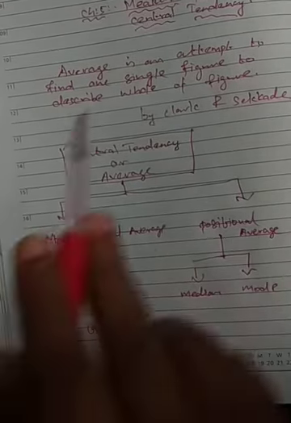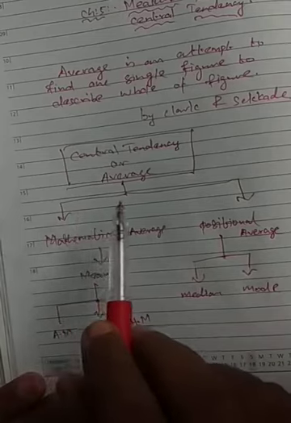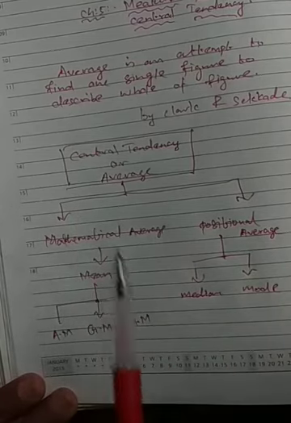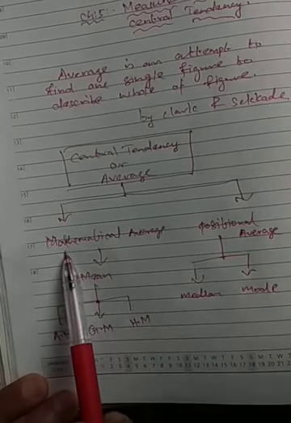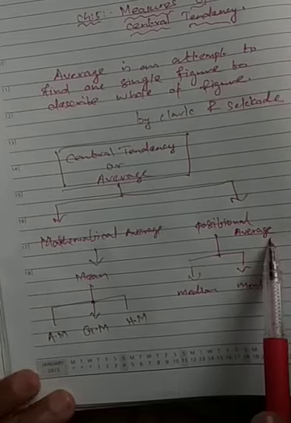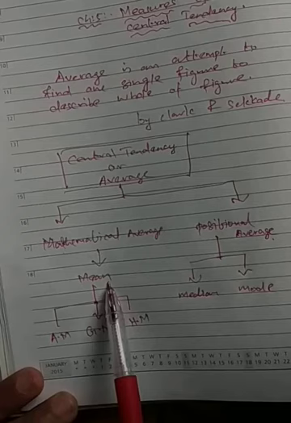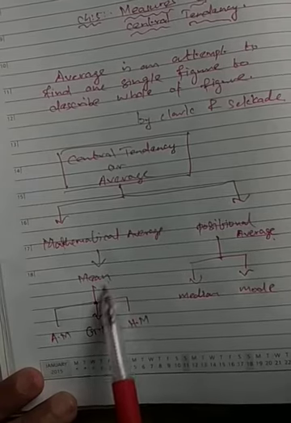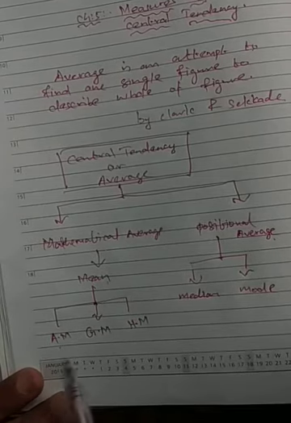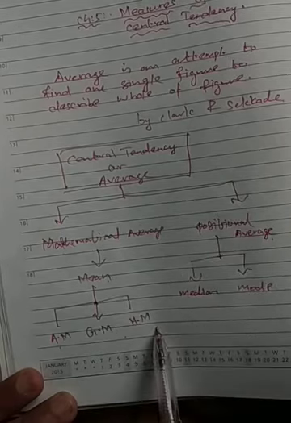In this way the entire central tendency or average is going to be classified. I repeat, one is mathematical average, another is positional average. Mathematical average is further classified into mean. Mean is classified into arithmetic mean, geometric mean and harmonic mean.